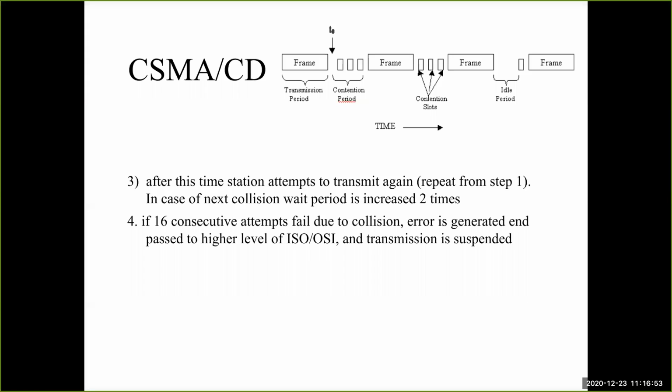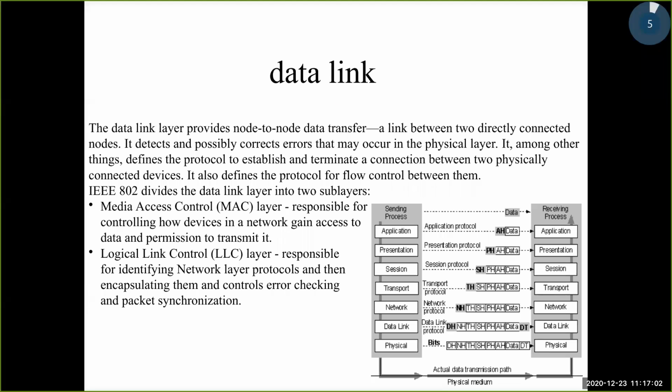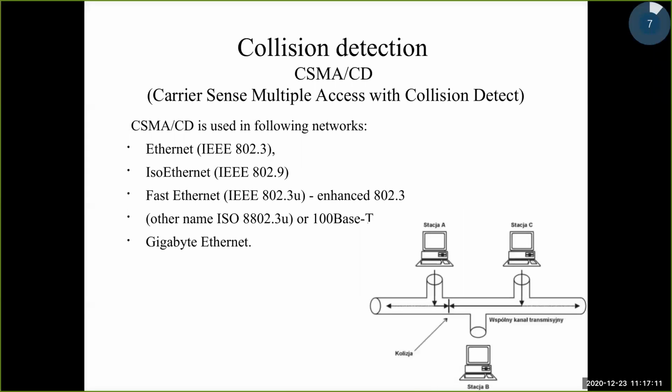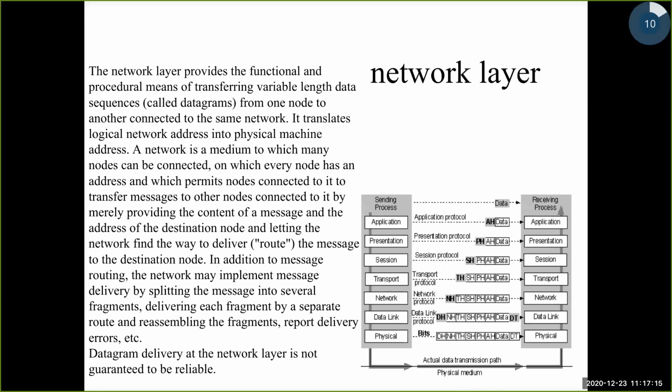So it disconnects from the network, silent. Okay, so here you can see that in the data link layer, we have different methods. So we have addressing and we have collision detection implemented. Then we go up to the network protocol.